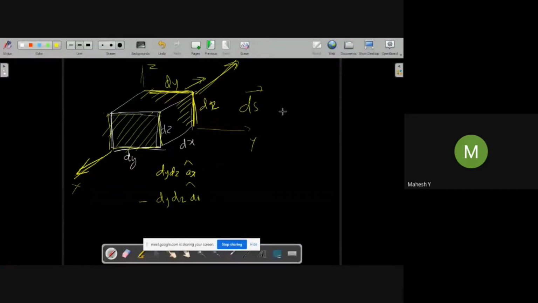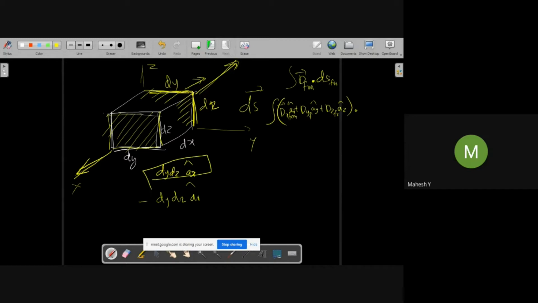What we have to integrate is D dot dS, right? D front dot dS front. So this is what we have to do. Now D front will be, for example, we can assume that it is Dx front ax cap plus Dy front ay cap plus Dz front az cap, dot, what is dS front?